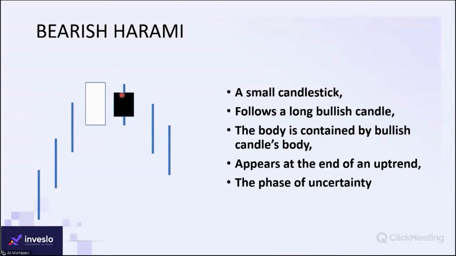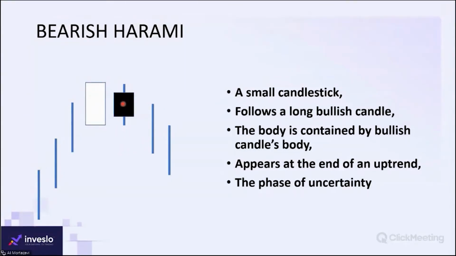It means the buyers couldn't manage to push prices higher. At the same time, the sellers don't have enough strength to put prices lower than the previous open. It means only this interaction between buyers and sellers formed a body contained by the previous one.